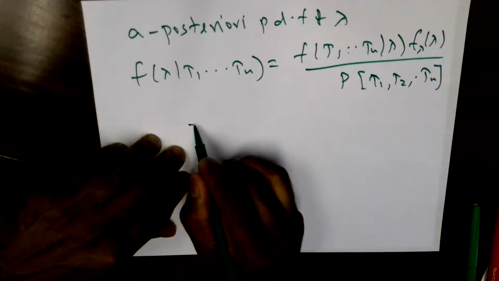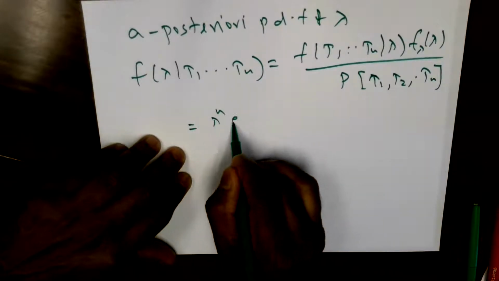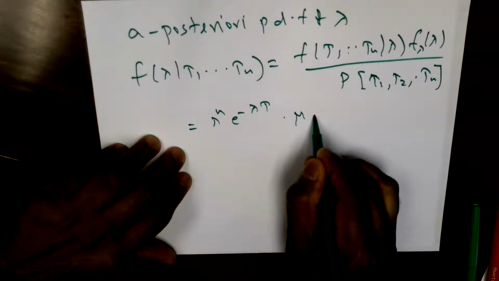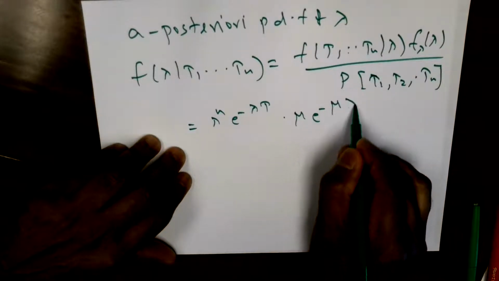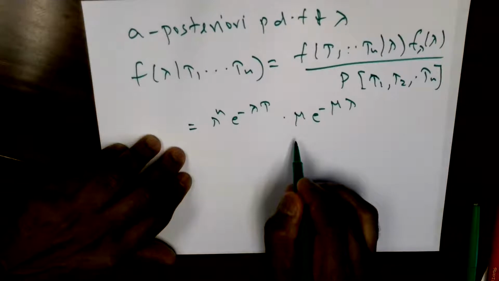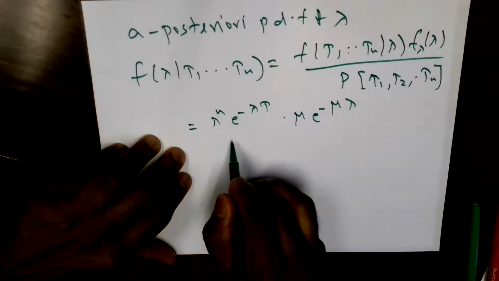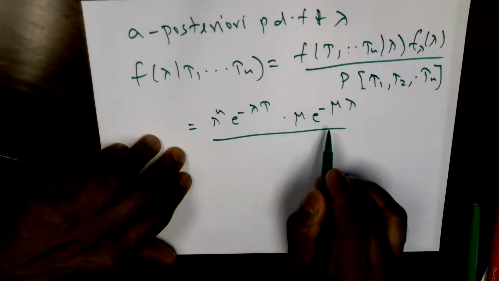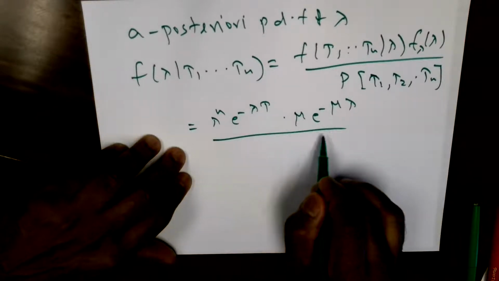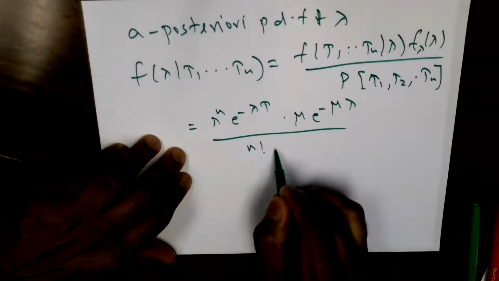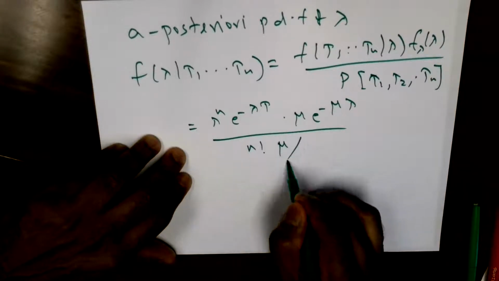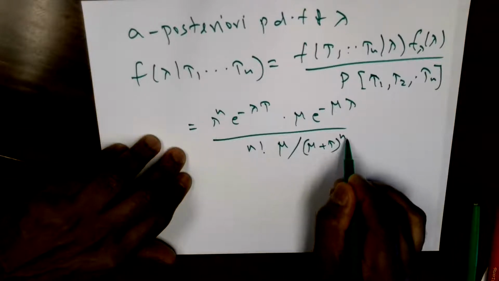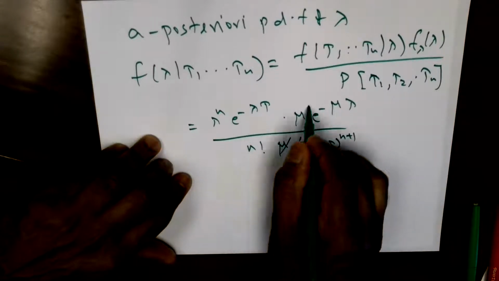And so the first quantity is lambda^n e^(-lambda tau), and this is mu e^(-mu lambda), divided by the joint density function we just found out, n factorial mu, the whole thing divided by mu plus tau to the power n plus 1. So this goes in the numerator, mu cancels.